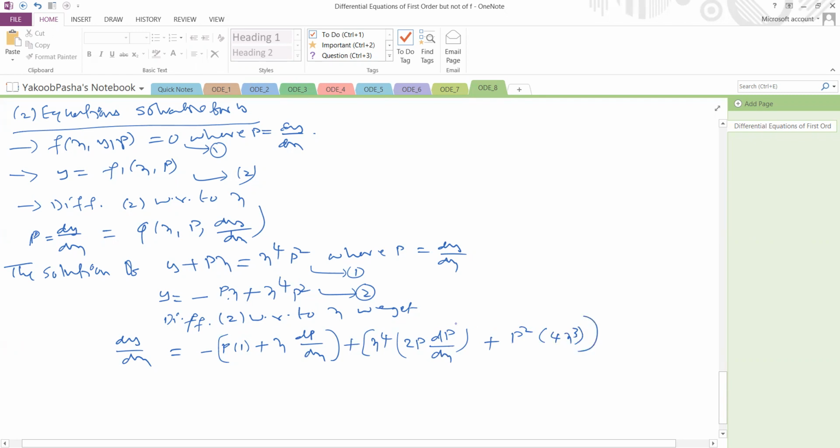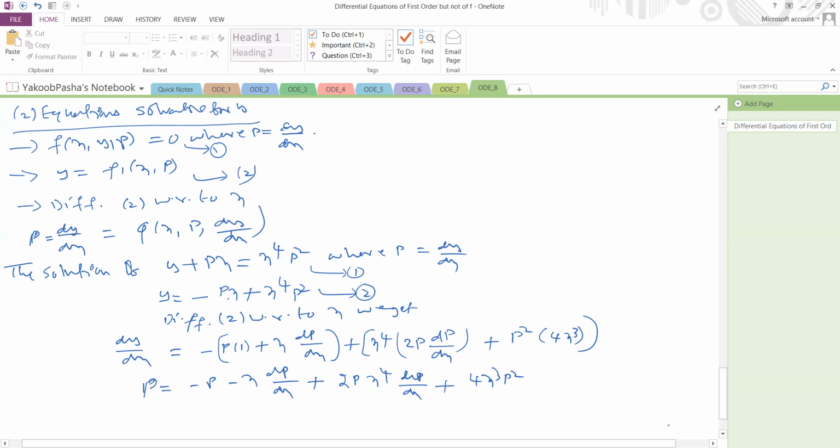Now we can take dy by dx value as p, that is equal to minus p minus x into dp by dx plus 2p into x power 4 into dp by dx plus 4x cube into p square. This is the p value.